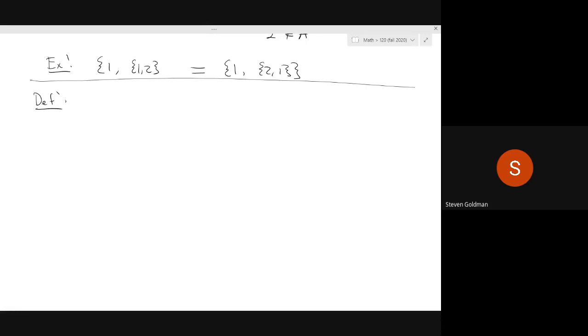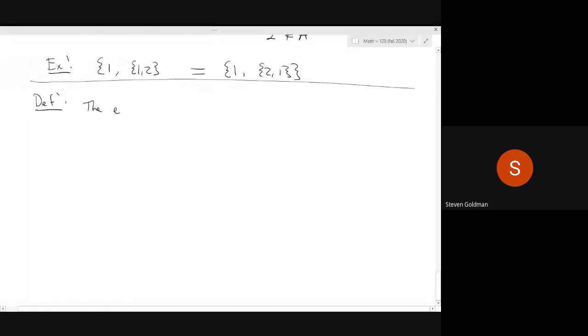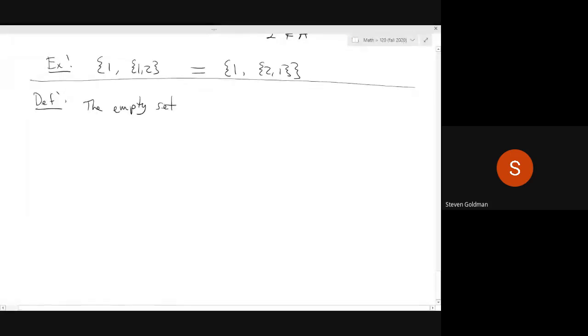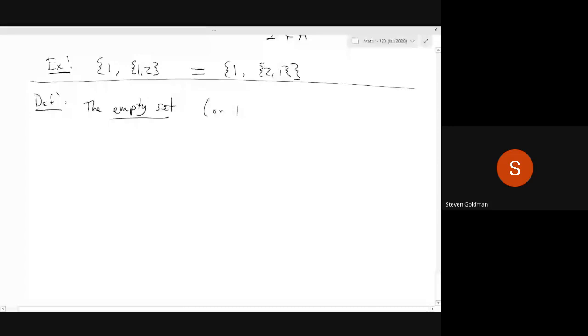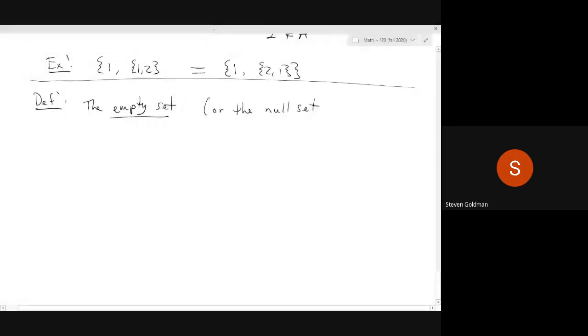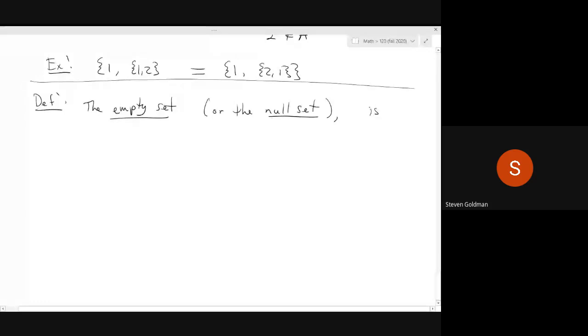The empty set, which is also known as the null set, is the set that contains no elements. It's got nothing inside of it.